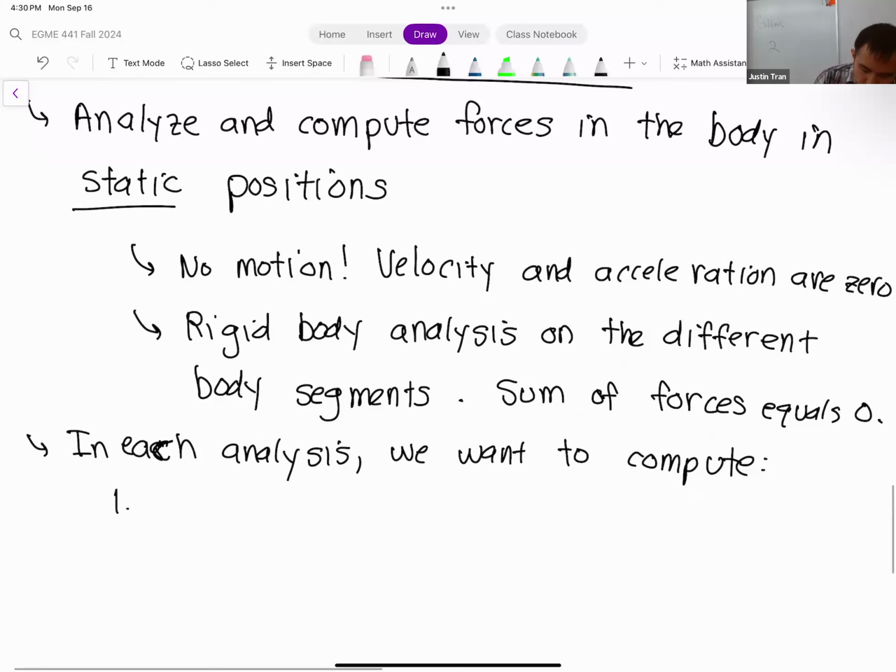The first thing that we're going to compute is the amount of the primary muscle force that's needed to hold this position.